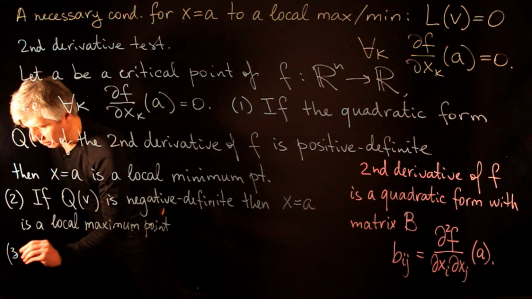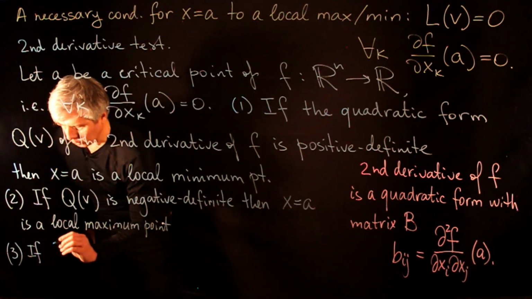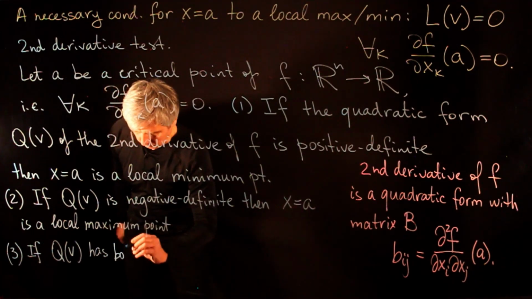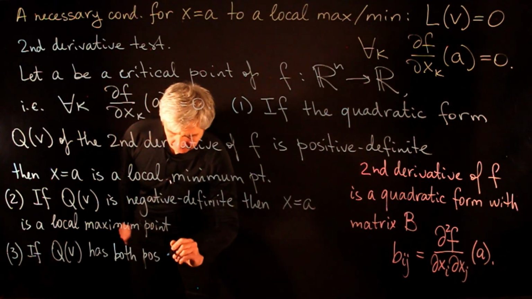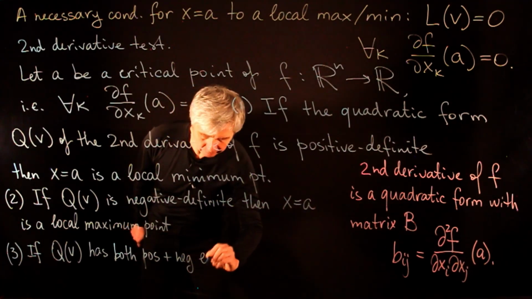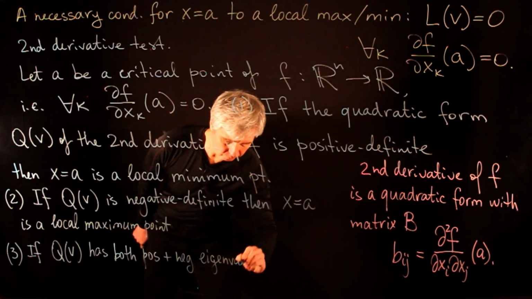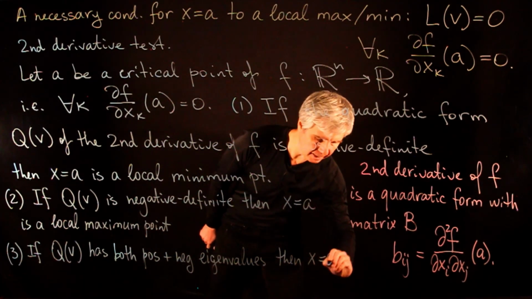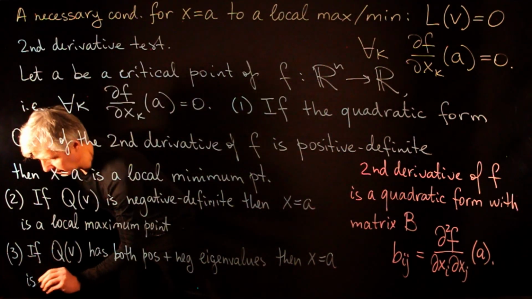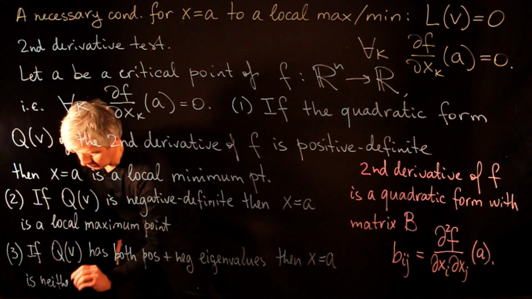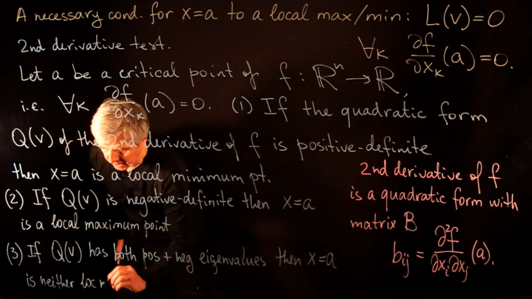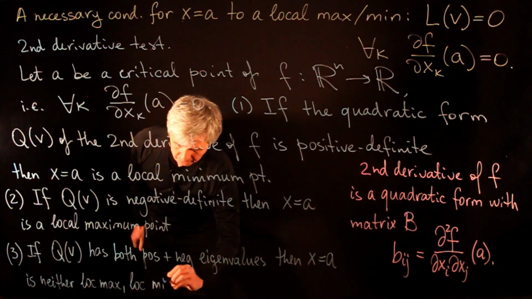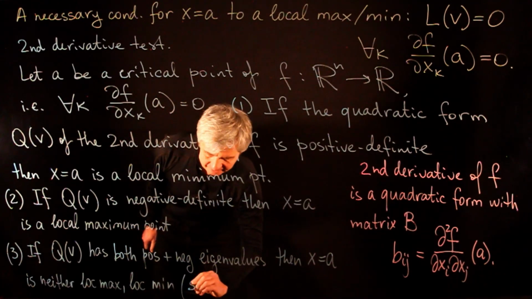And 3, if q of v has both positive and negative eigenvalues, then x equals a is neither a local maximum nor a local minimum. And this is a so-called saddle point.